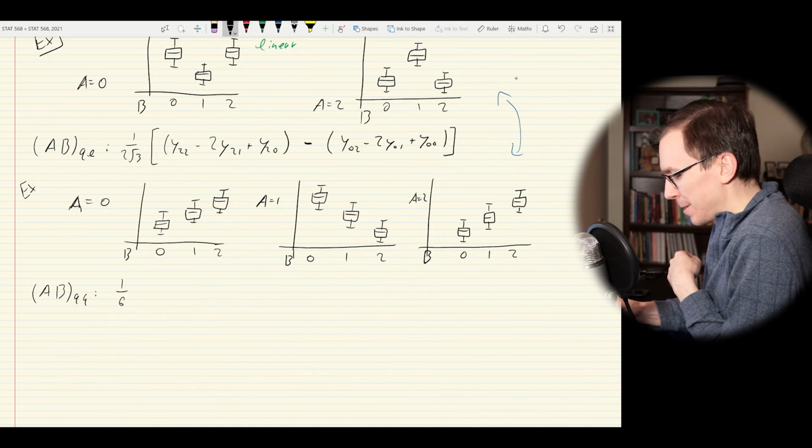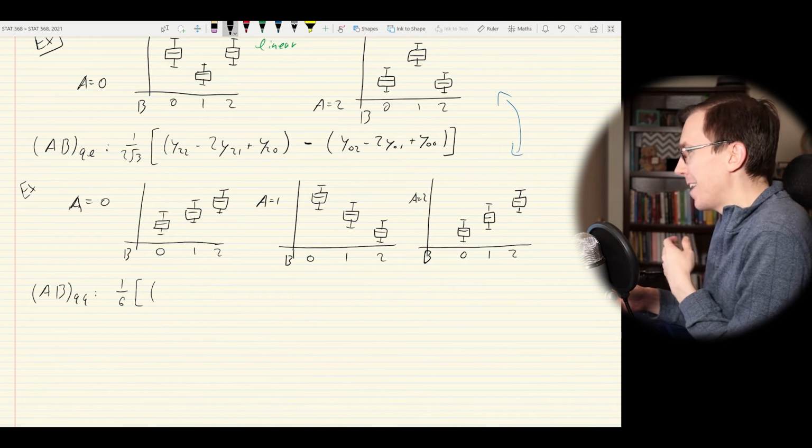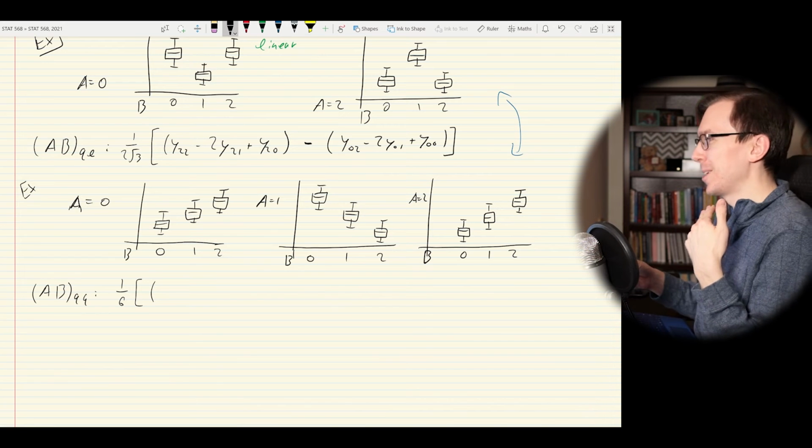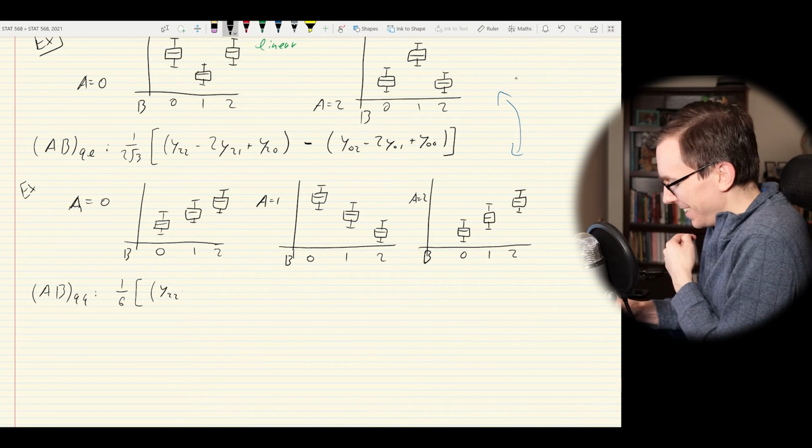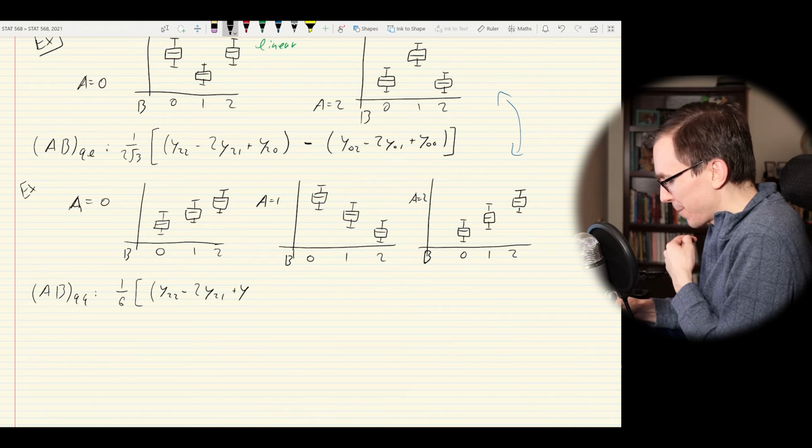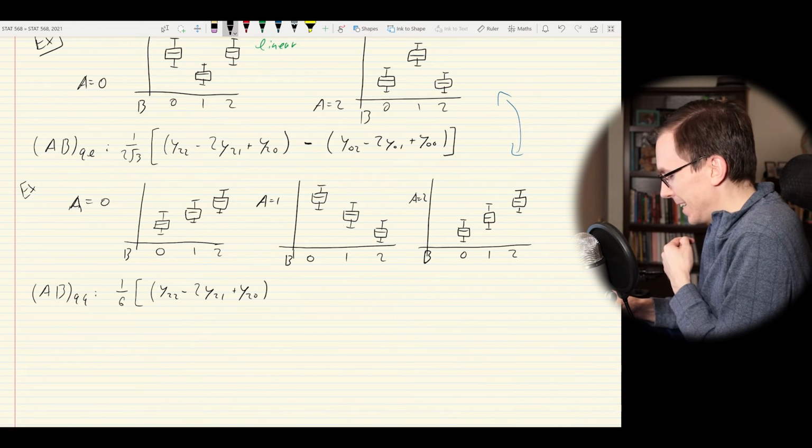And this one is going to be a 1 over 6, root 6 times root 6. And we're going to have a quadratic contrast of quadratic contrasts, which mathematically is going to look something like this. It's pretty terrible, but we're going to write it out anyway. We're going to get this.